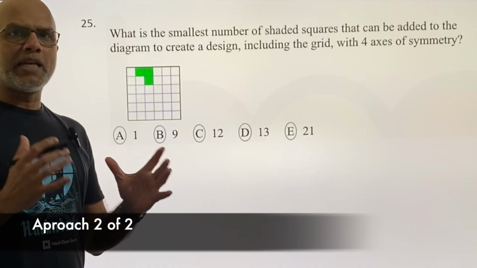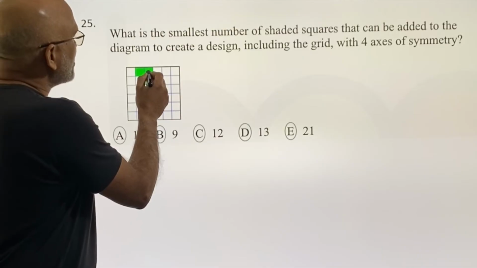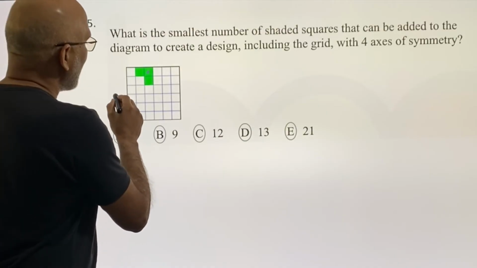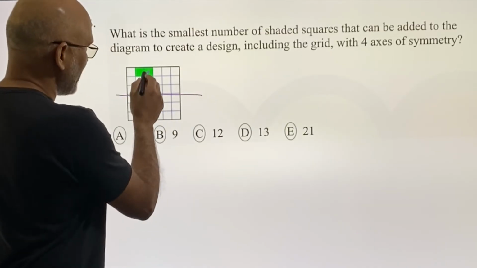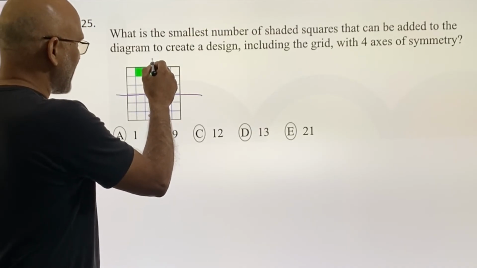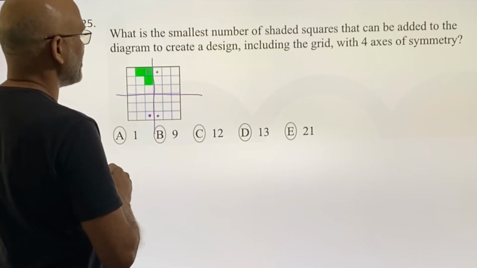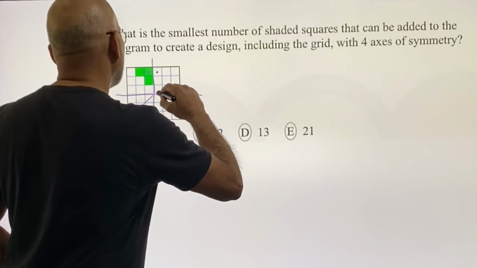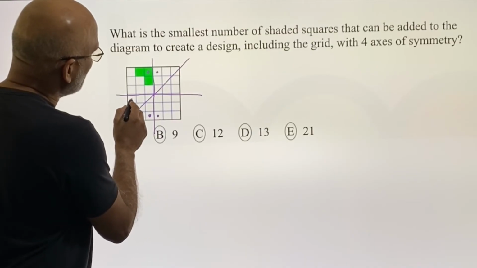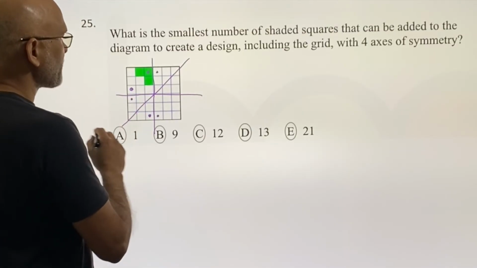There is another, less cumbersome way to think about this. Let me just mark where this pattern is, right? Now, if I want to make this an axis of symmetry, that pattern has to be here, okay? And then if I want to make this an axis of symmetry, this pattern needs to go here and here. Similarly, if I want to make this an axis of symmetry, this pattern needs to be here, and this pattern needs to be here, okay?